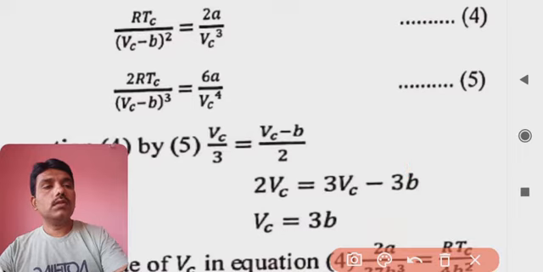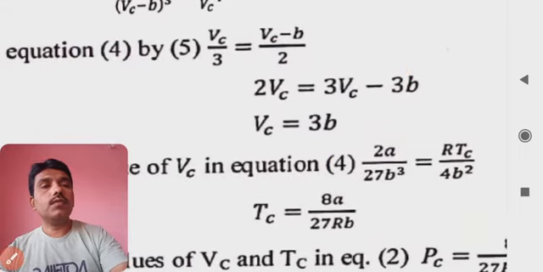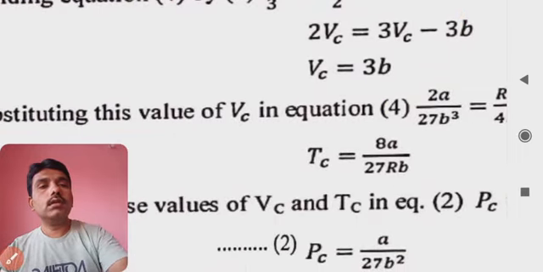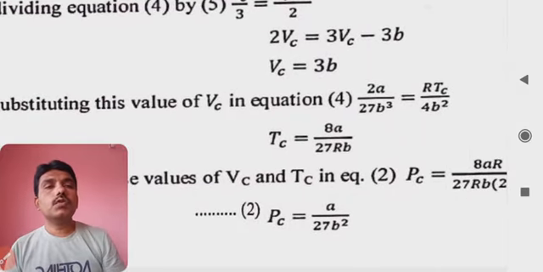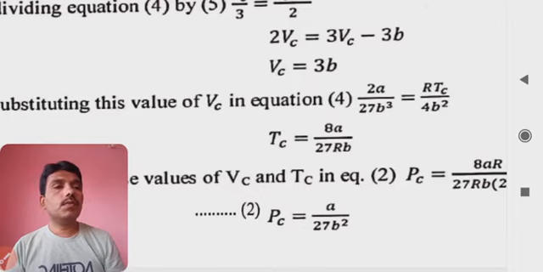So in this case this is what we found, exactly the value for the critical volume. Now substituting this Vc in equation number 4, Vc is nothing but 3b.